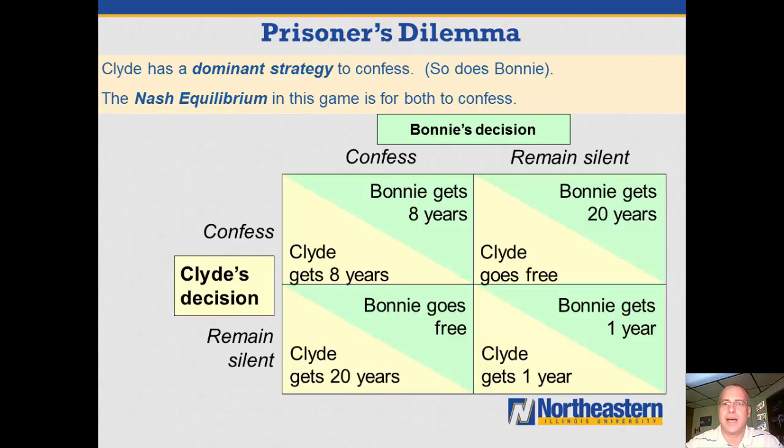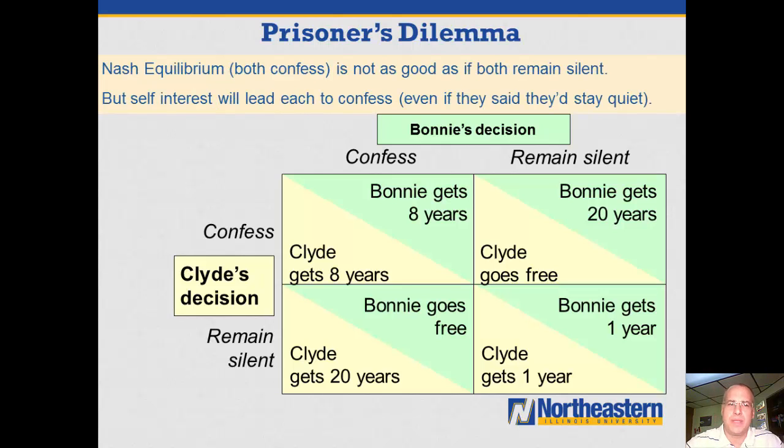This is called a dominant strategy. Clyde has a dominant strategy when it is always in his best interest to confess. As it turns out, so does Bonnie. This game is symmetrical. They both have the same strategies and payoffs. And what we wind up with is what we call the Nash equilibrium. And the Nash equilibrium in this game is for both of them to confess.